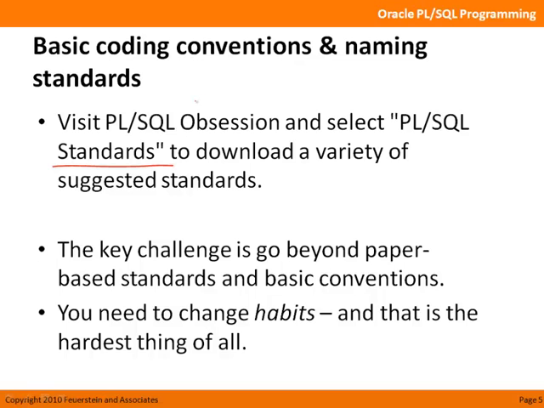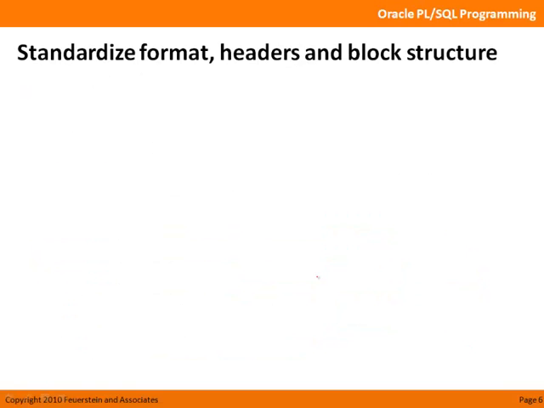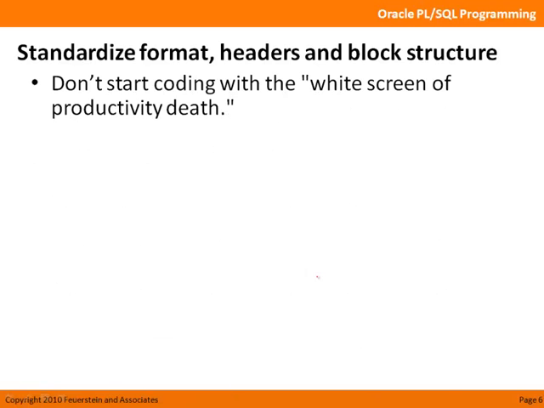But the most important thing with your standards is how we go beyond paper-based standards and conventions, and instead work on changing habits, making these standards more active. And one of the best techniques I found for doing that, and a way to standardize in a deeper sense the way you write your code, is to avoid starting with what I would call the white screen of productivity death.